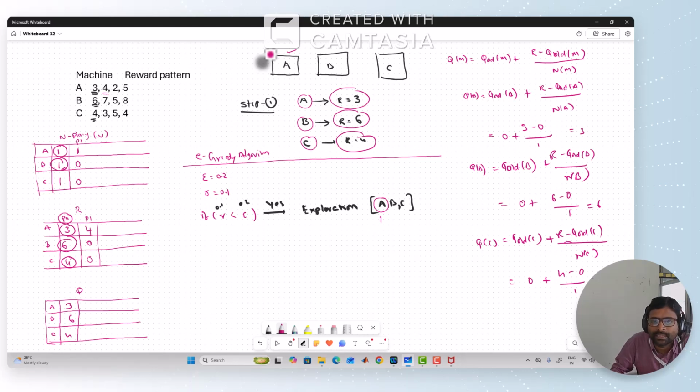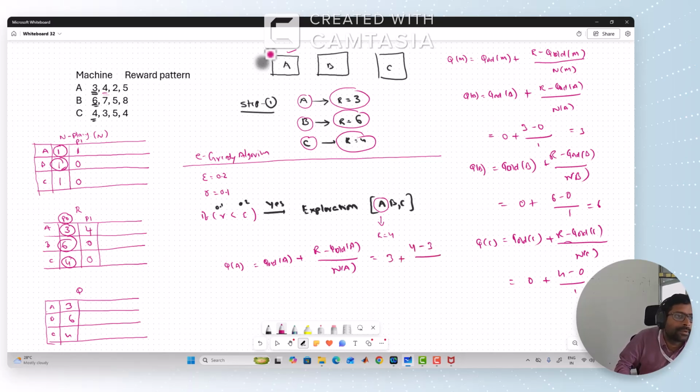So when he chose A, R equals 4, then you have to update the Q table. Q of A equals Q old of A plus reward minus Q old of A, divided by N of A. What is the previous Q old? 3. 3 plus, what is the reward? 4 minus 3, divided by the number of plays, play number 1 and play number 2.